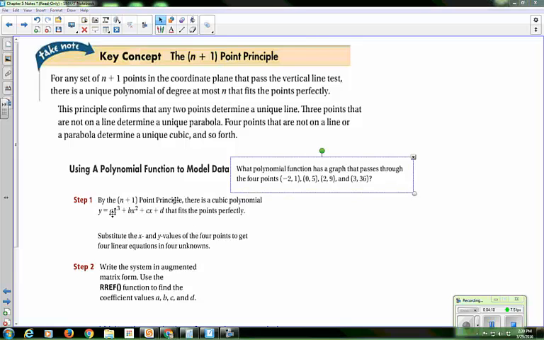The generic form of the cubic is y equals ax cubed plus bx squared plus cx plus d. And we need to substitute the x and y values of the 4 points to get 4 linear equations in 4 unknowns.